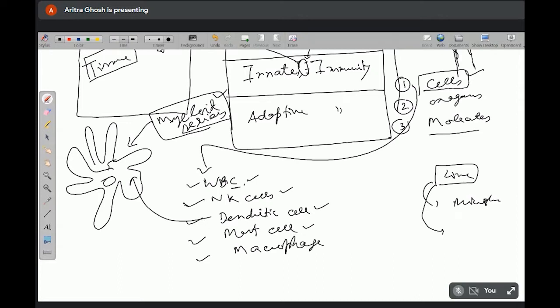Now my question is how the cells of innate immunity detect that the microbes have already entered into the tissue. This you should know.